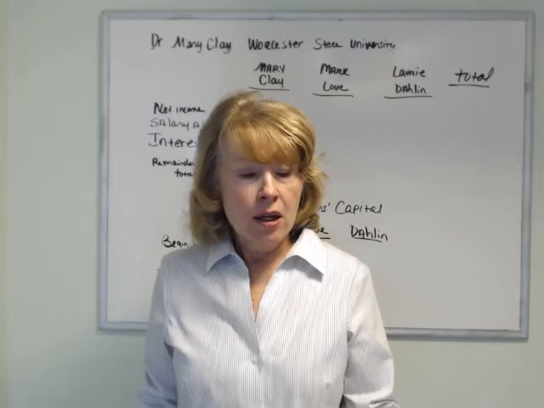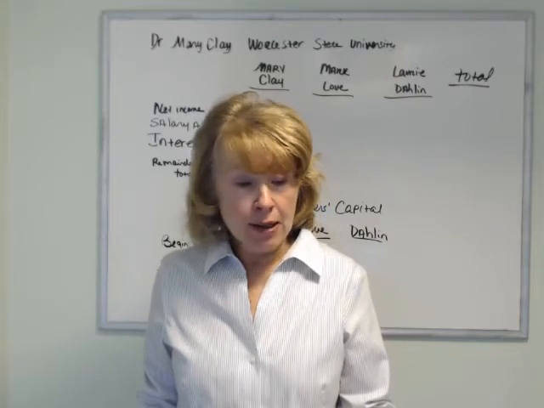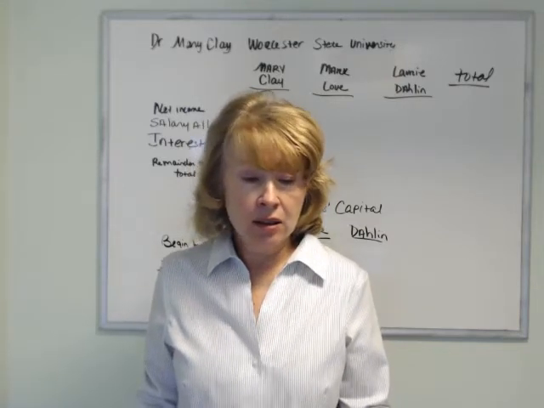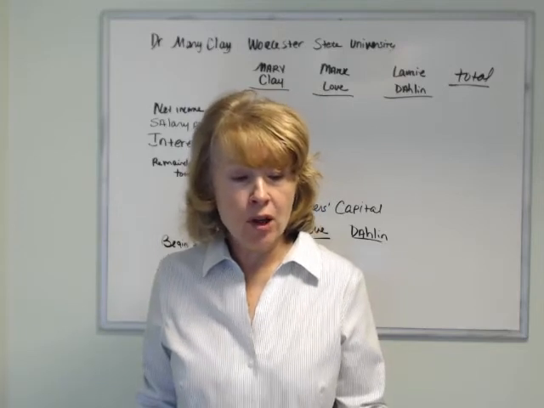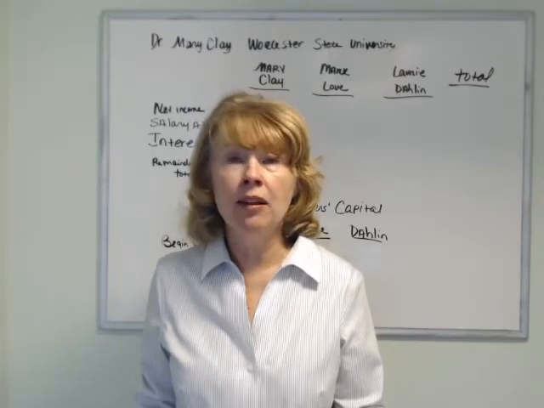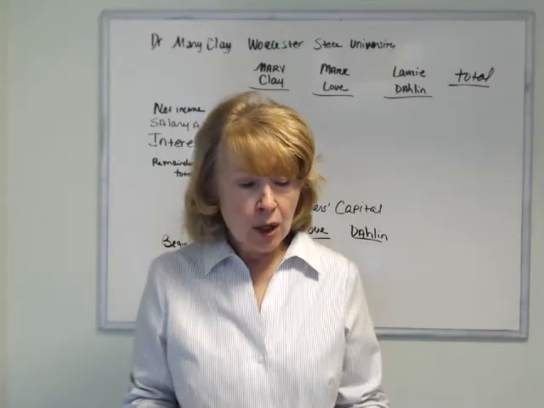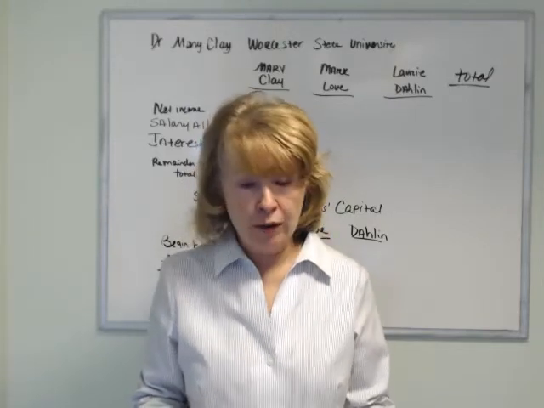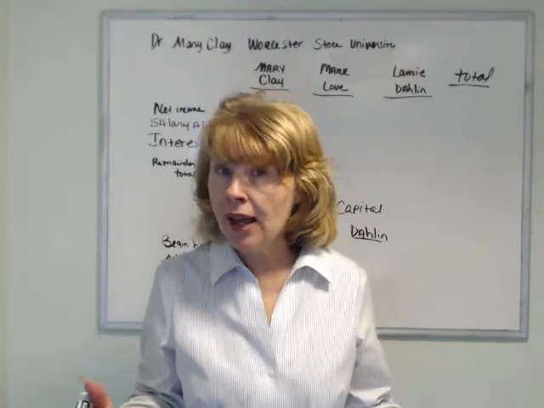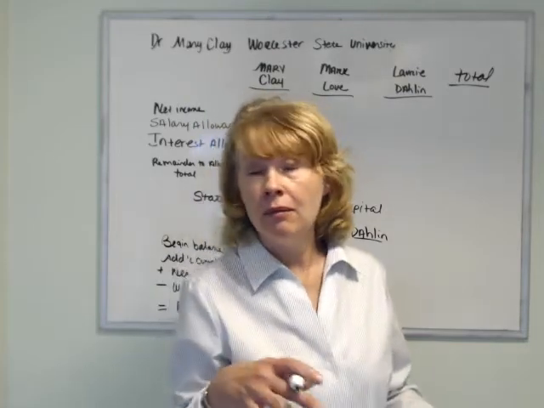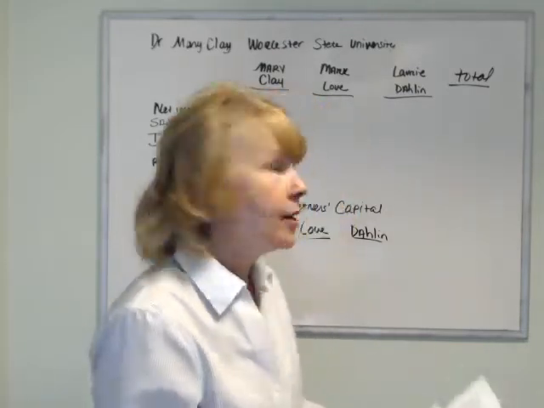Or the salary allowance, that's what they're giving you to Clay, to DeLean, 10% interest on their initial capital balances, and then the balances shared equally. We'll do that one last. All right, so let's go over the easiest one first. And this is why the courts say, if you haven't decided, 50-50, because it's pretty simple.